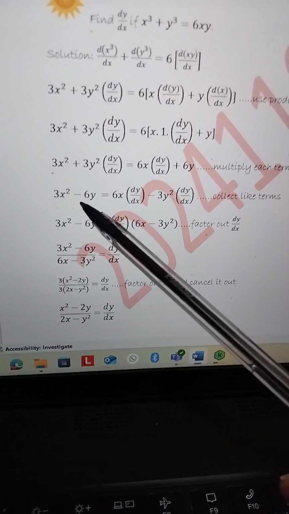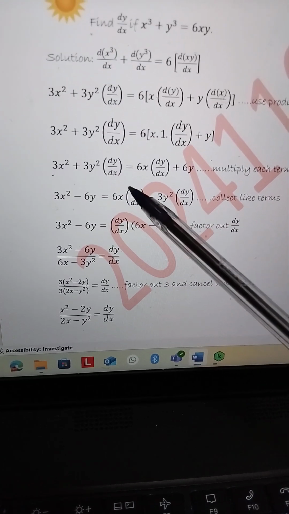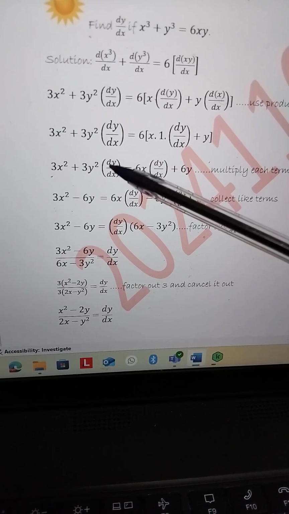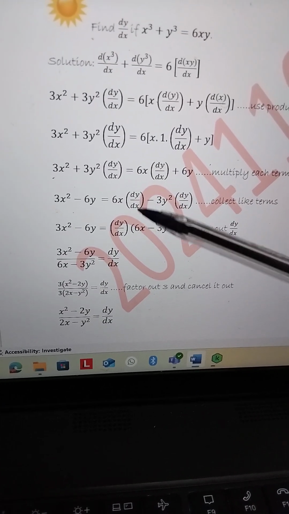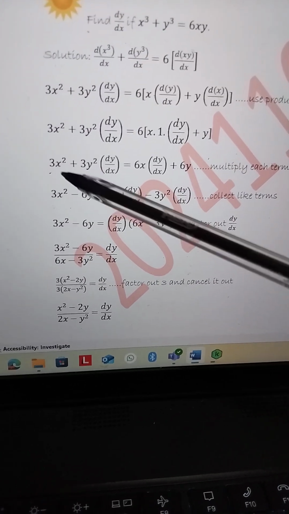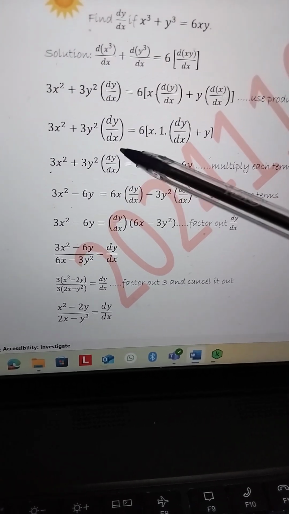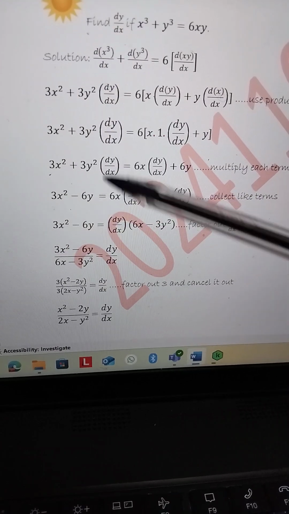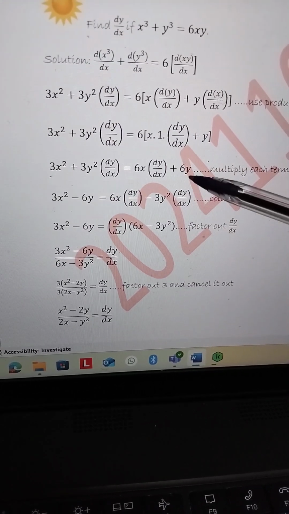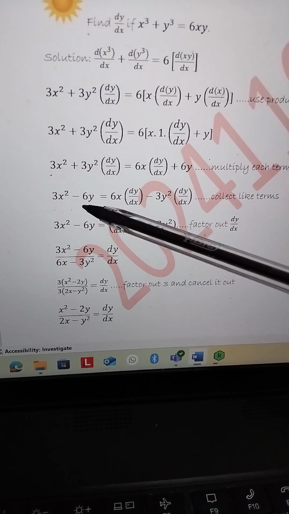Right, and then afterwards we are going to try to collect like terms so that we have variables with dy/dx on the same side of the equation. So in this case, we carry this term to the other side by subtracting it, and we carry this term to the other side by subtracting it.